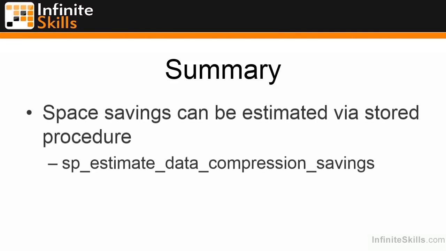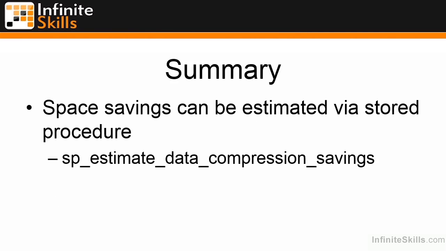Don't forget, always take a look at the sp_estimate_data_compression_savings system stored procedure to find out what you're going to get for data compression on your table so that you know in advance how much savings you're going to get. Because the worst thing you can do is spend hours or days compressing a table, generating billions of I/O, and get nothing out of it.